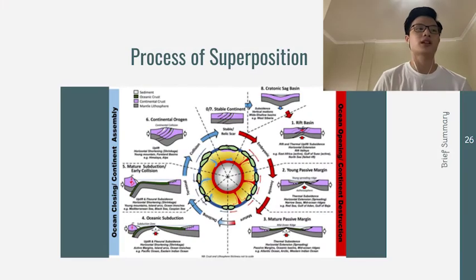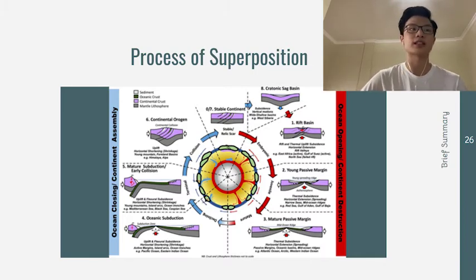Here is the process. For the ocean opening and continent destruction, we start with a stable continent, then a rift basin, and the third one is a young passive margin. The fourth one is the mature passive margin, and the next one is ocean subduction.